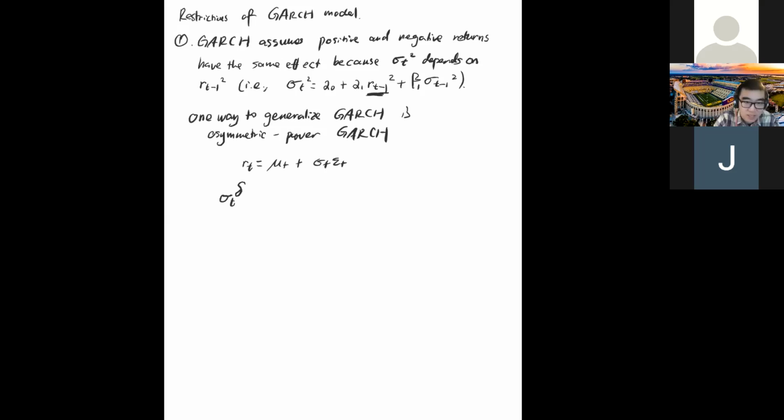Okay, so this is delta, not to the power 2, but to the power delta. Alpha_0 plus... so this is gamma_j, which is the coefficient of r_{t-j}.